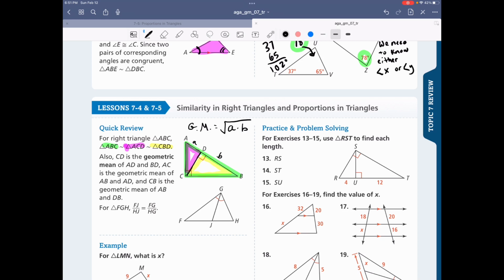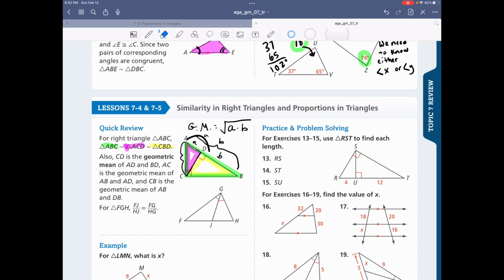So if you took all of this, A to B and you took A to D, then CB, I'm sorry, AC would be those pieces. So you would do A and then you would do the whole thing B. You'd multiply them and you would get AC.